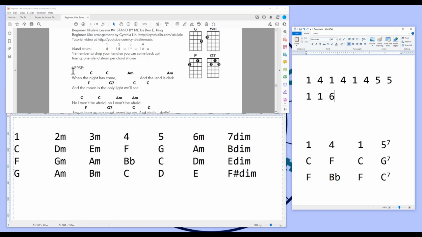A minor is a 6, so 6 is repeated twice. F is a 4. G7 is a 5. You can put the superscript on your own, and then back to 1. So we would actually say this is a 1-6-4-5 progression. Those are the major changes.